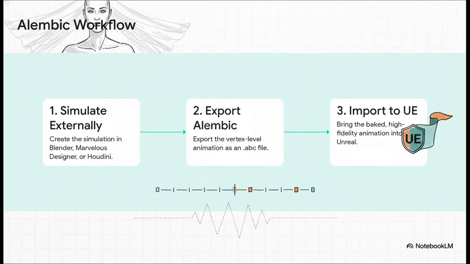Basically, you do all of the hard work outside of Unreal in a specialized tool like Marvelous Designer, Blender, or Houdini. You get the simulation looking absolutely perfect in there. Then you export it as an Alembic file. You can think of this file as a super detailed recording of the animation, capturing where every single vertex is on every single frame. Once you bring that into Unreal, it's not simulating anything anymore. It's just playing back that perfect pre-recorded animation.